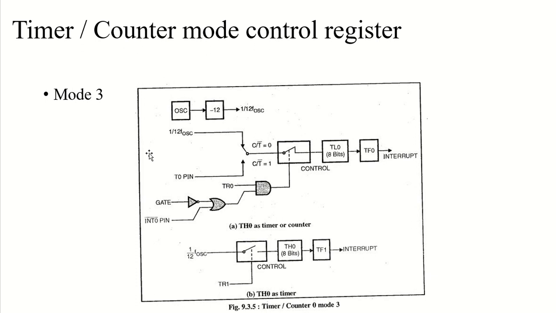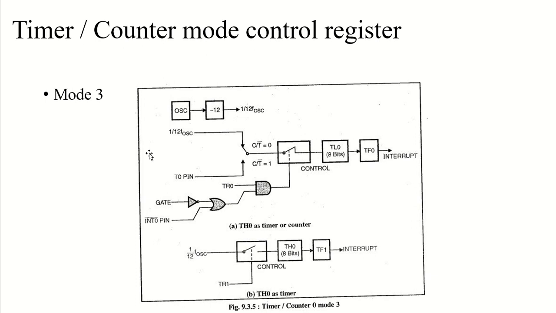All of them collectively count the machine cycles, and it takes over the use of TR1 and TF1 from timer 1. So whenever timer 0 is in mode 3, timer 1 may be used in mode 0, 1 or even 2, right.